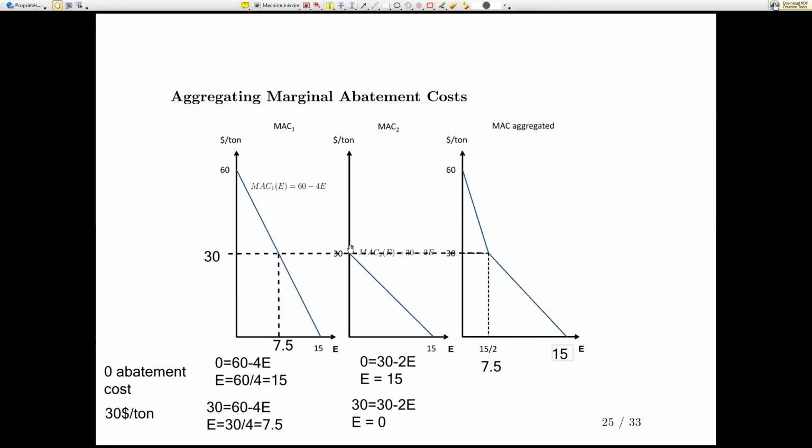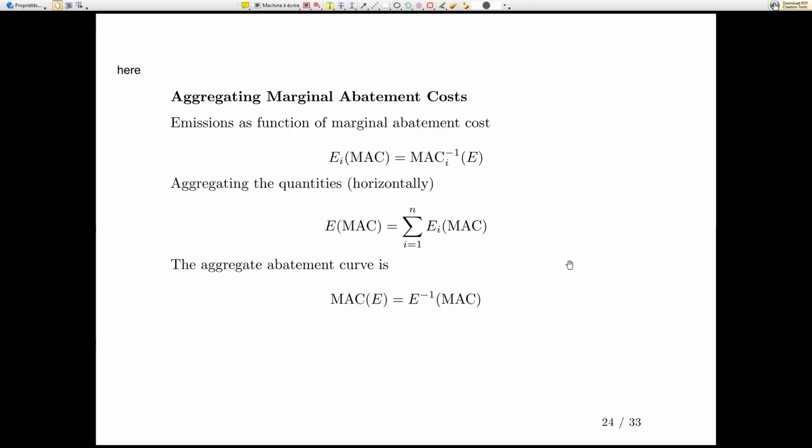So then this is 0, which means that now there is up to 7.5 and lower, a single firm that continues to abate emissions, and that's firm 1. So you have essentially a kink here. You have a different slope. Here you have the 2 firms that are abating. Here you have a single firm that's abating. And so the goal is going to be to know how to aggregate these things. So here's a high level of what we're going to do.